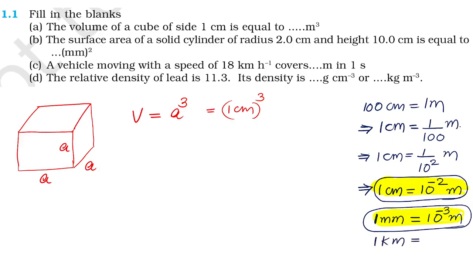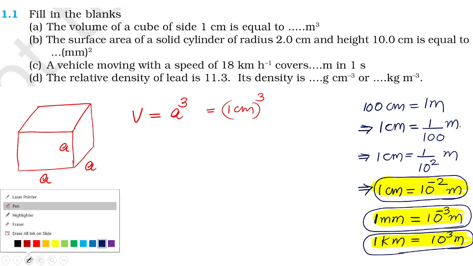Kilo stands for 10 cube. 1 kilometer is 1000 meter, right? Kilo stands for 10 raised to 3. So all distances should be converted to meter. It's very, very important. So never forget it.